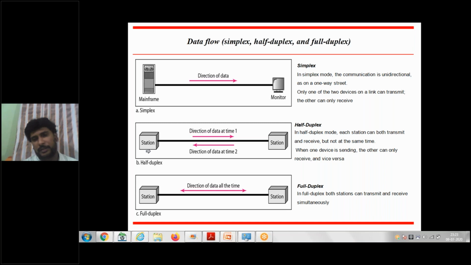Right. The third case is a scenario where a station acts both as a sender as well as a receiver at the same time. Meaning the direction of information will be in both directions at the same time. So what is our real-time example? For instance, you are having a conversation on a phone.